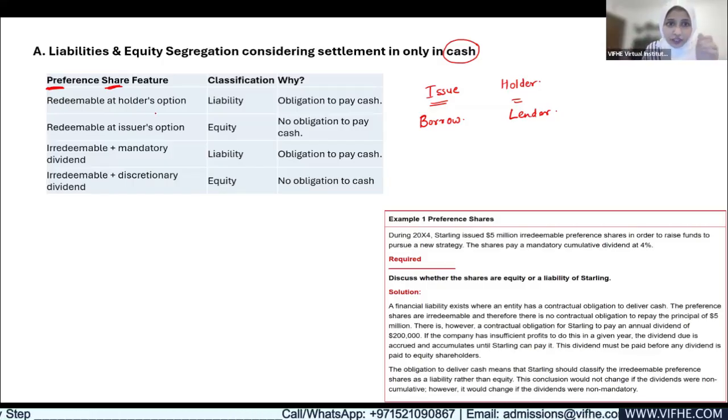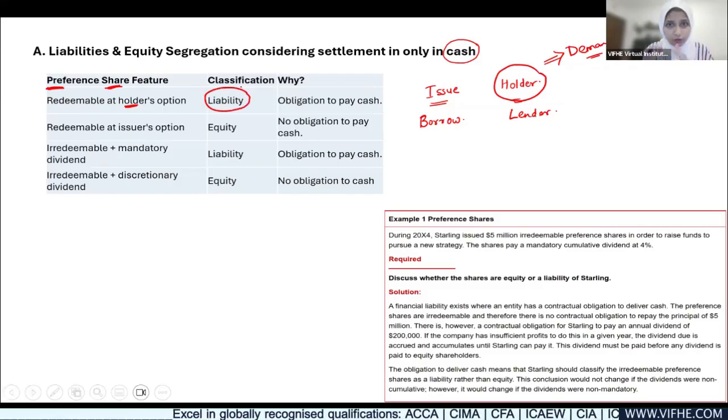So even if the word is preference share, you will have to read its features in detail. If it's a redeemable preference share at the holder's option, redeemable meaning you definitely have to pay back, there is a redemption date, say after 5 years this is payable. If it is redeemable at the holder's option, which means the holder, who's the lender, can demand money, then it's a liability, because from whomsoever you have borrowed money, you can demand that money.